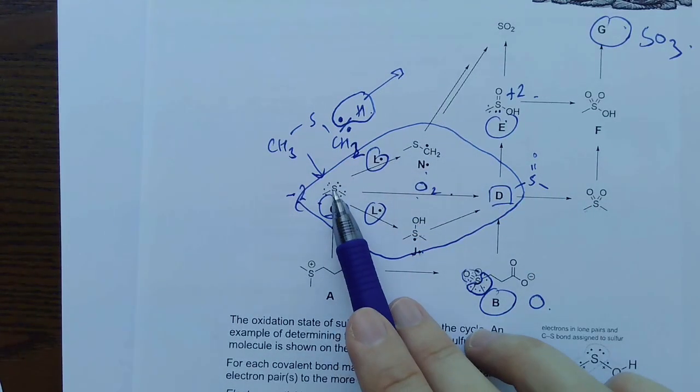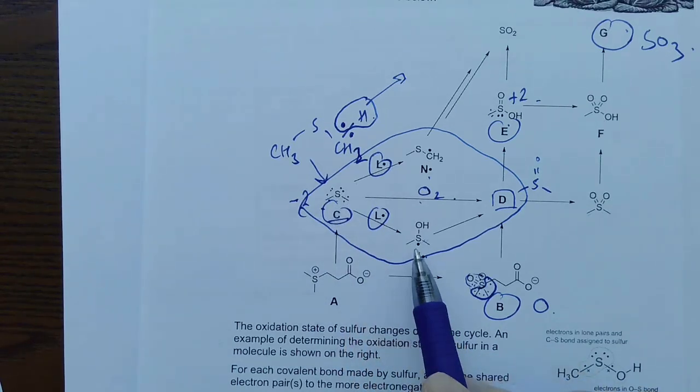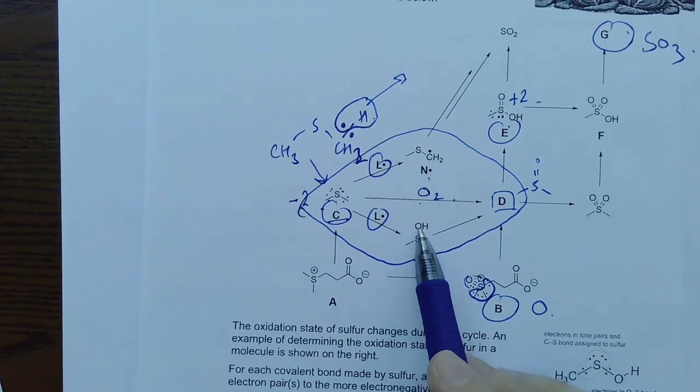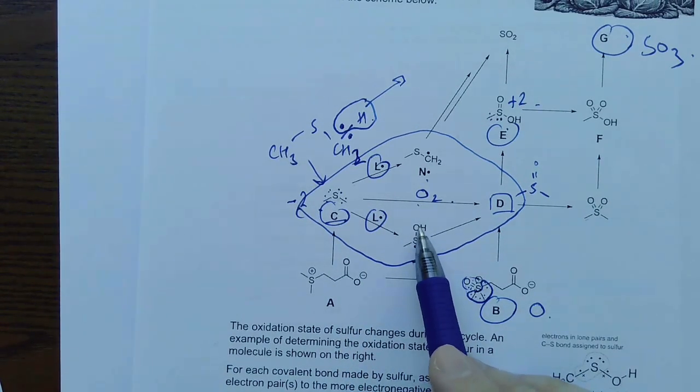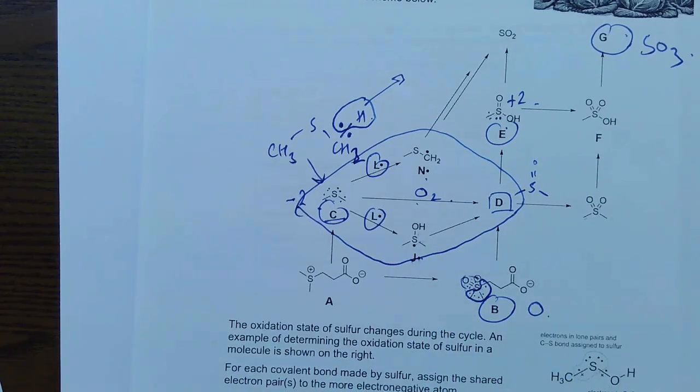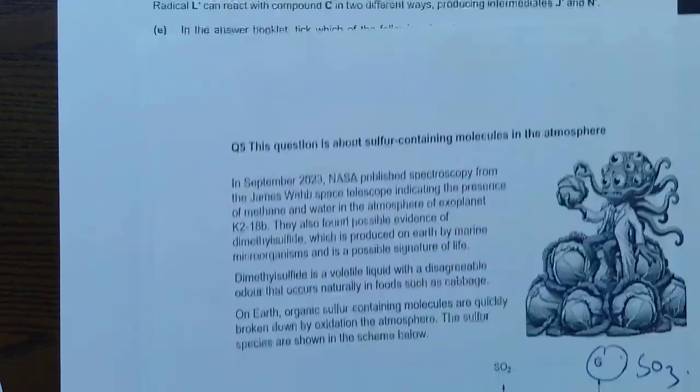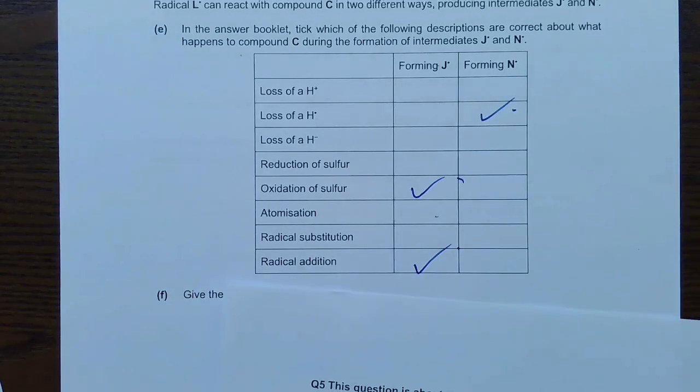Whereas for J, the sulfur is bonded to 2 carbons, but down here it's bonded to 2 carbons and an oxygen. So it's lost electrons in this bond here, and its oxidation state is changing. So that is going to be oxidation of the sulfur as well.